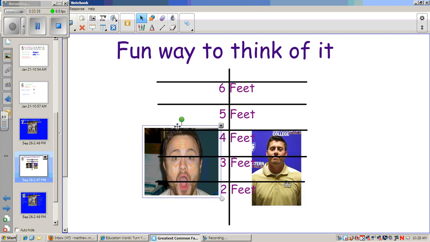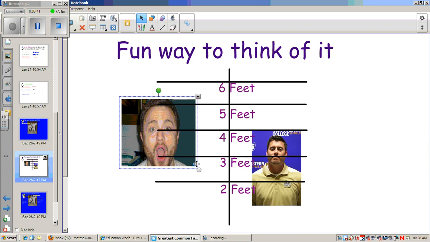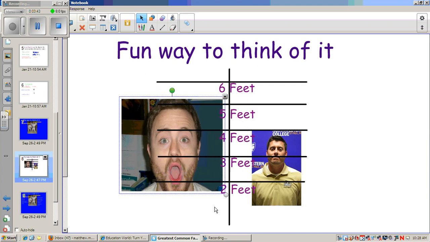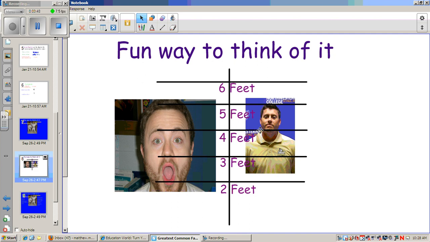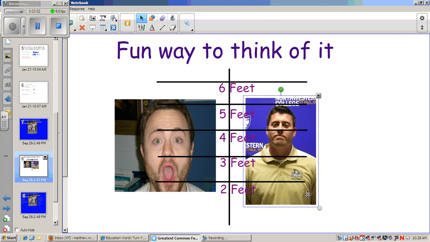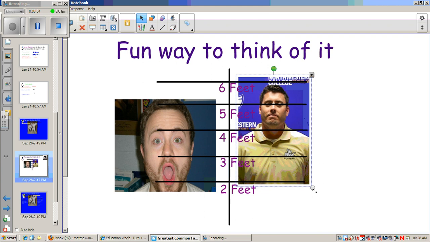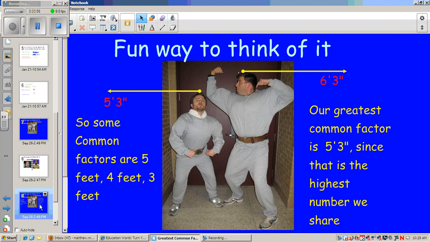Then, as they continue to grow, Mr. Rockenstein stopped at that 5'3" point. And Mr. Moore, at some point, also was 5 feet 3, but he's kept going and gone a little bit further. So some of our common factors for our heights are 5 feet, 4 feet, 3 feet.